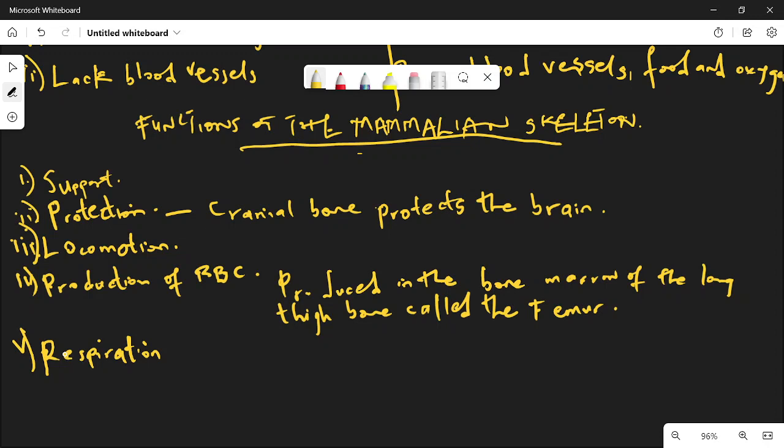Also, formation of bone cells. That's the last function that I will talk about.